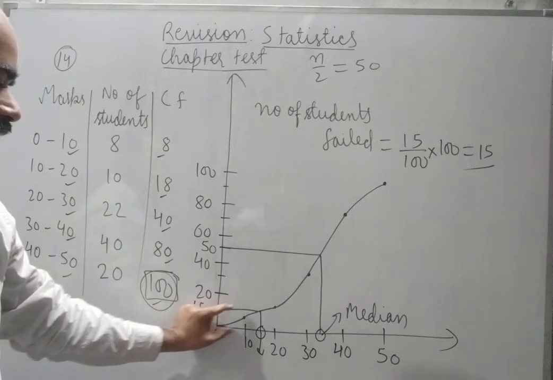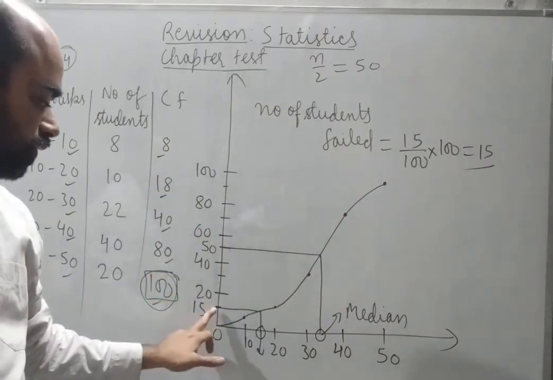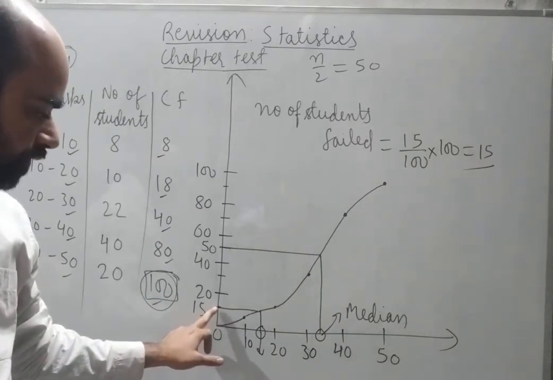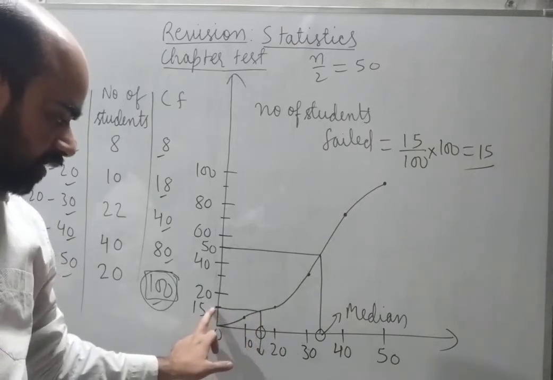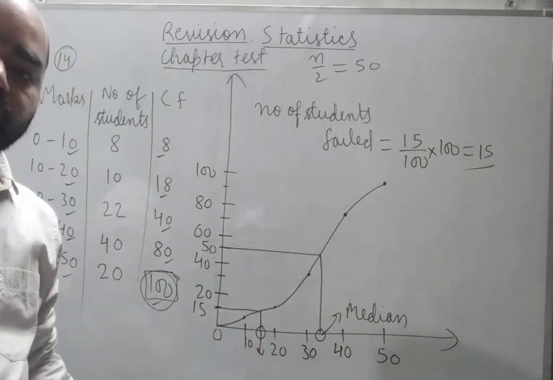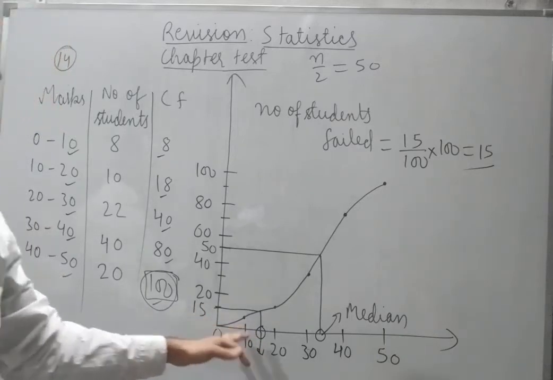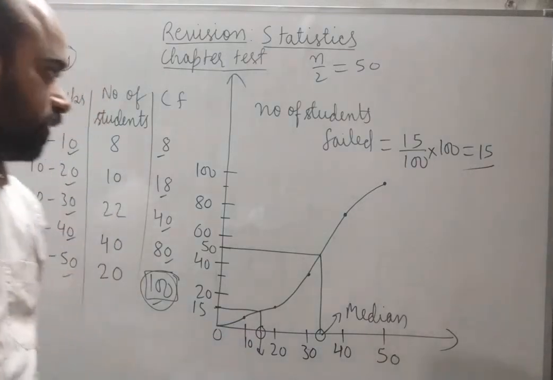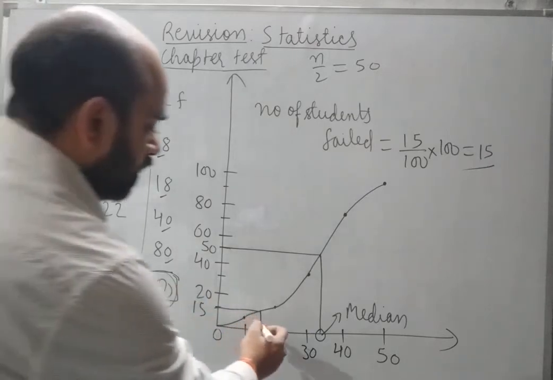So from 15 you will draw horizontal line and then vertical line. It means for the 15, this is the passing marks. Maybe it is 17, 16, whatever will come. That is the answer. Correct? So that is the answer of your second part.